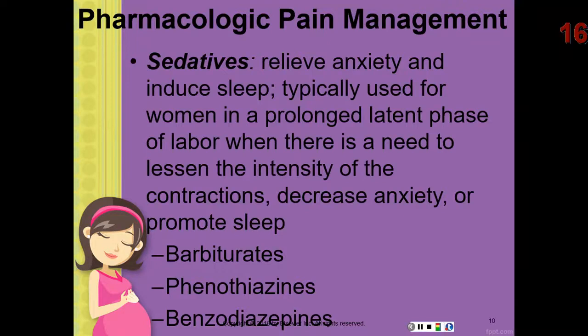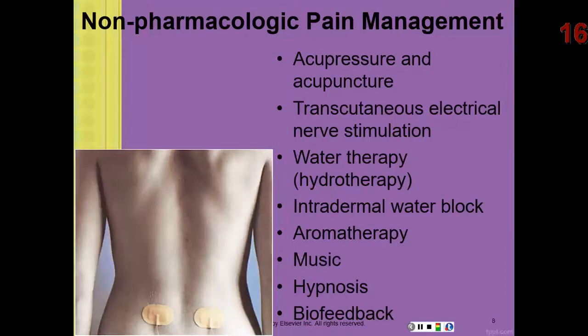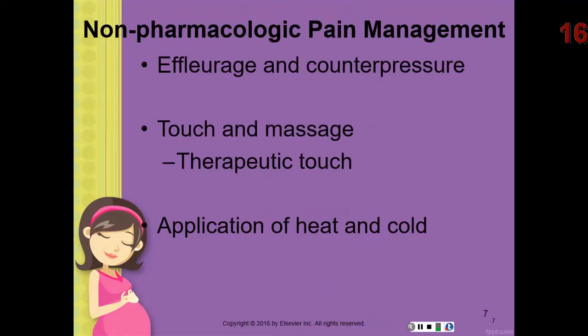Okay, so pharmacologic pain management. And did I say counter pressure? Now I'm wondering if I talked about counter pressure. I think it was over here. Counter pressure, you can use your fist, or actually the flat part of your fist, or a tennis ball. And while mom is having a contraction, push against the lower back.